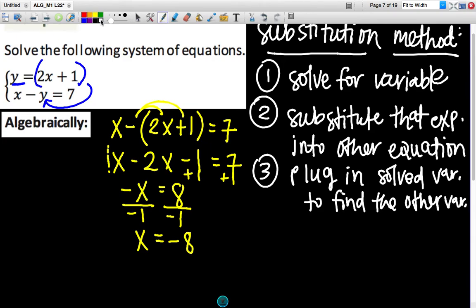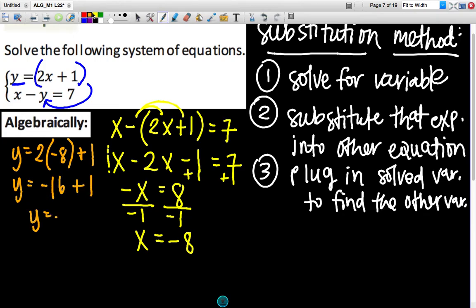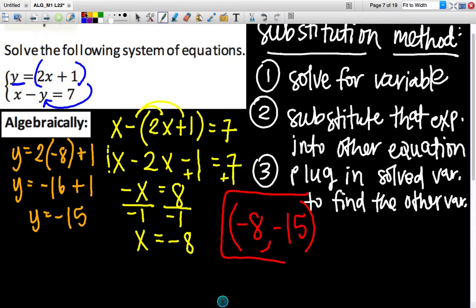It does not matter which equation you use when you plug negative 8 back in, but I'm going to plug into the top one because I'm a creature of habit. y equals 2 times negative 8 plus 1. y equals negative 16 plus 1. So y equals negative 15. So we write this as a solution, aka an ordered pair. So my solution is negative 8, comma, negative 15. x, comma, y.